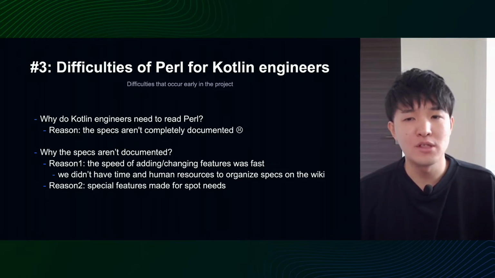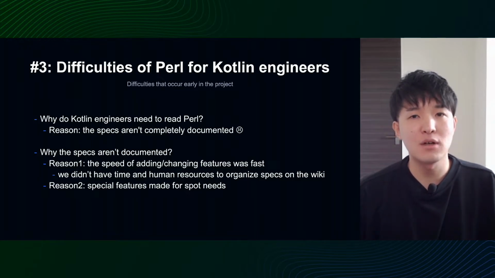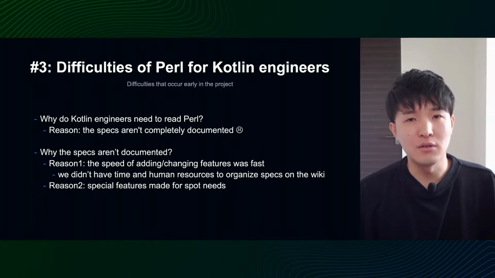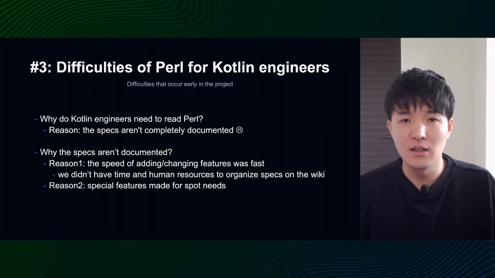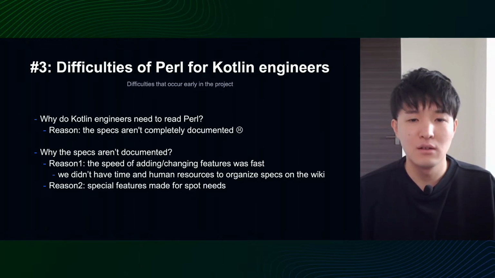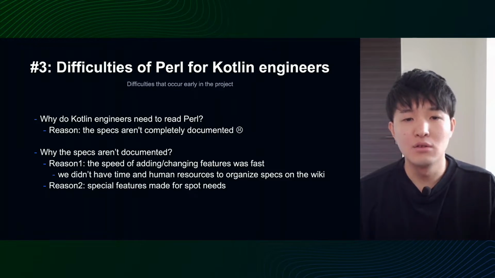Why in the first place do Kotlin engineers need to read Perl? Because the specifications are not well documented. Why? Well, when the speed of adding and changing features was fast, we didn't have the time and human resources to document the specifications, and also some special features were made for some ad hoc needs.